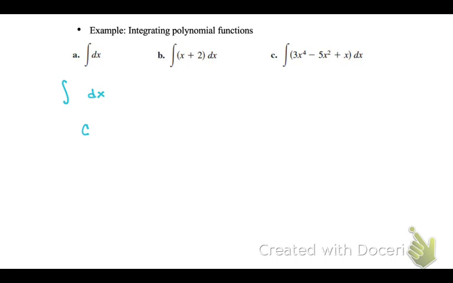It's not 0 because there's a dx there. What's in front of dx? 1. Sorry. If it was 0, it would be nothing, wouldn't it? I'd have to say 0 dx. Sorry, guys. If it said 0 dx, it would be constant, yes? There's a 1 there. So what's 1? X. So it's x plus c.